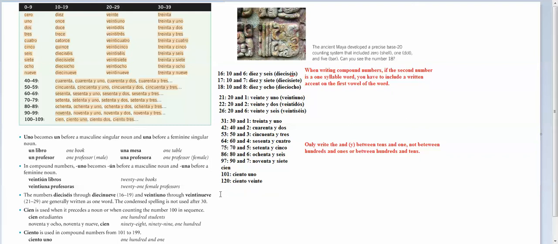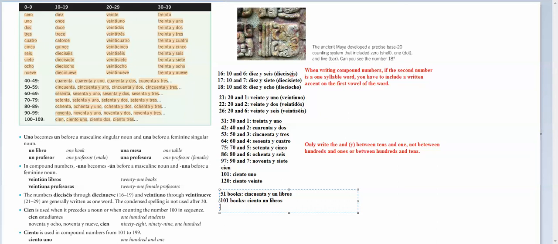So like if I have 51 books, I'm going to have 51 libros. If I have 101 books, it's going to be 101 libros.